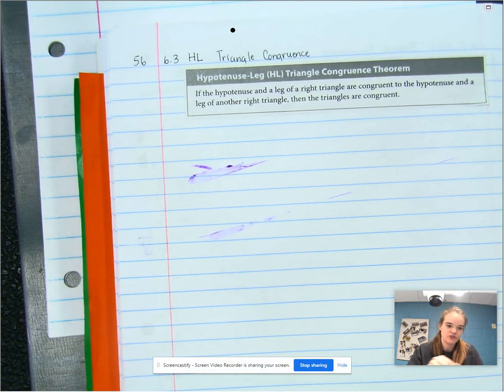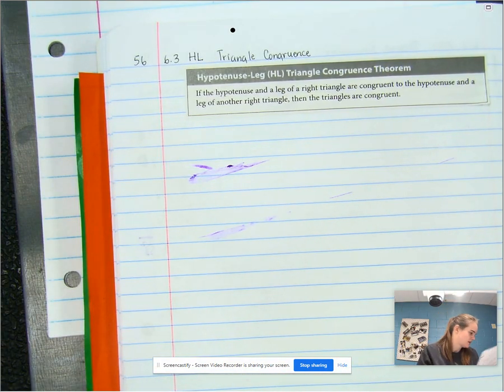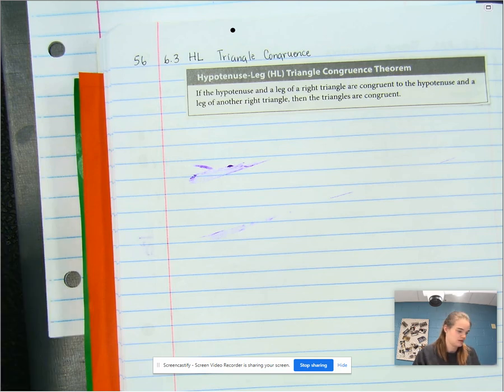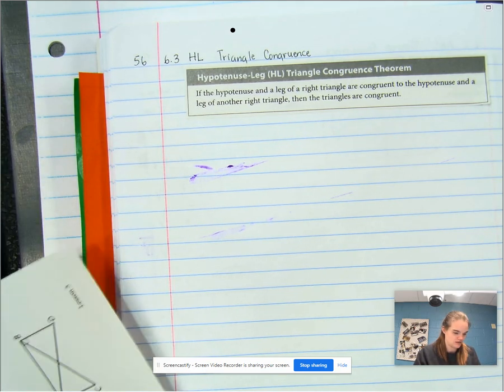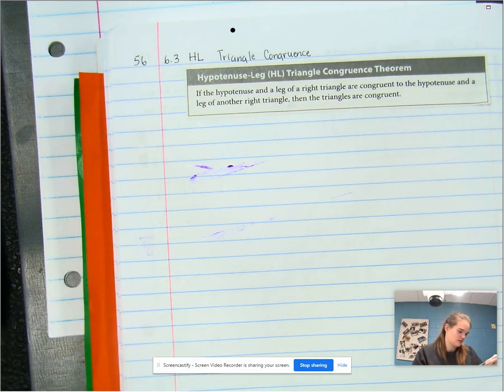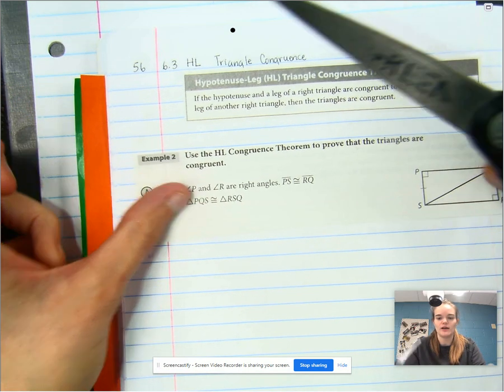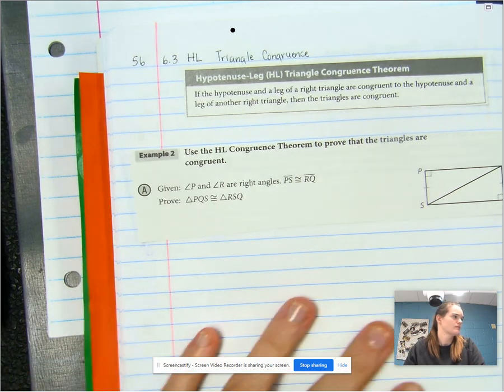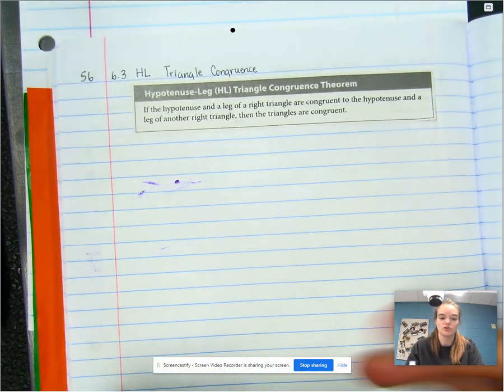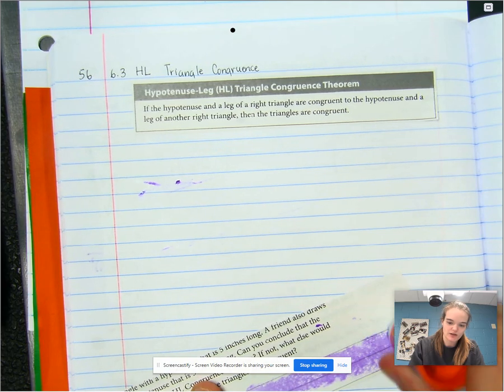Okay, and then from page 297, you need example A. That's not all you need from that page, so don't get rid of it yet.